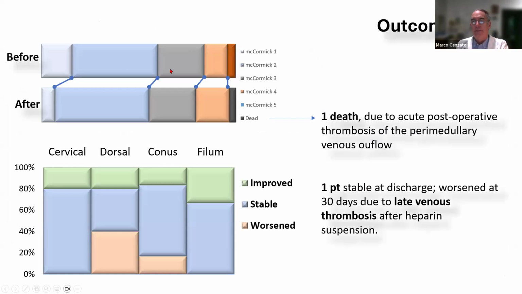And at the end, this is the outcome. As you see here, before and after there is a slight worsening, especially there are some patients that before were completely normal, after had a mild deficit, but more or less the situation remained almost stable.